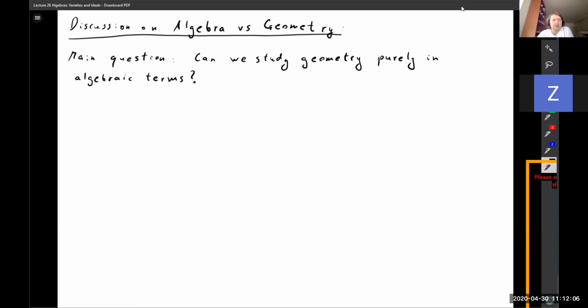For example, in geometry, one of the most important notions is a point. So is there any way to think about the point in algebraic terms? Let me give you an illustration.